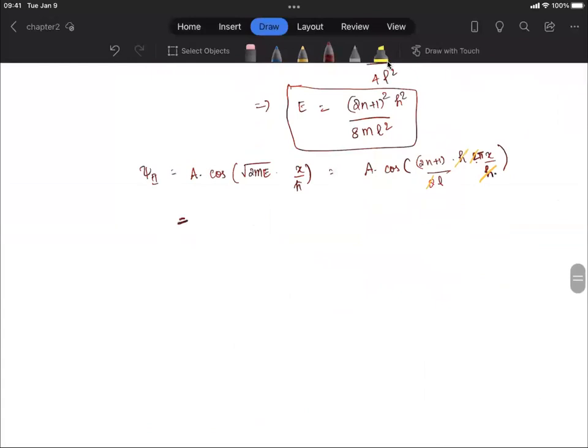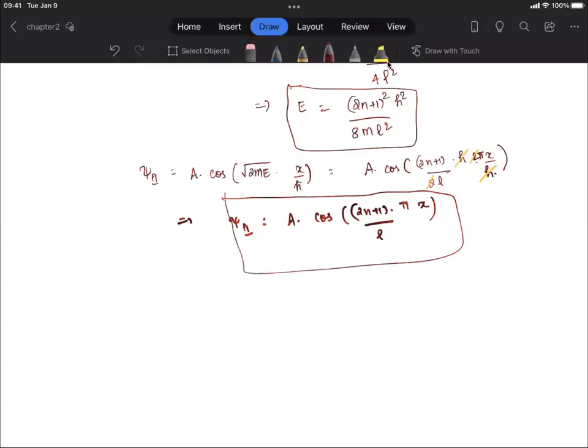Okay, and this would give me A cos of (2n plus 1) times pi x over L. So this would be the wave function.